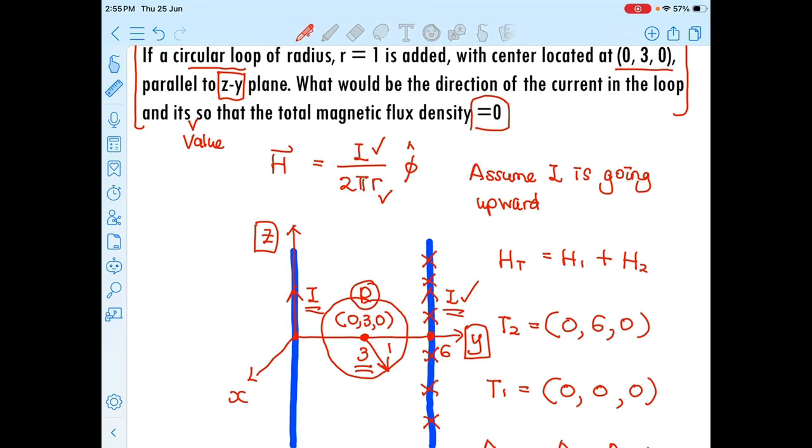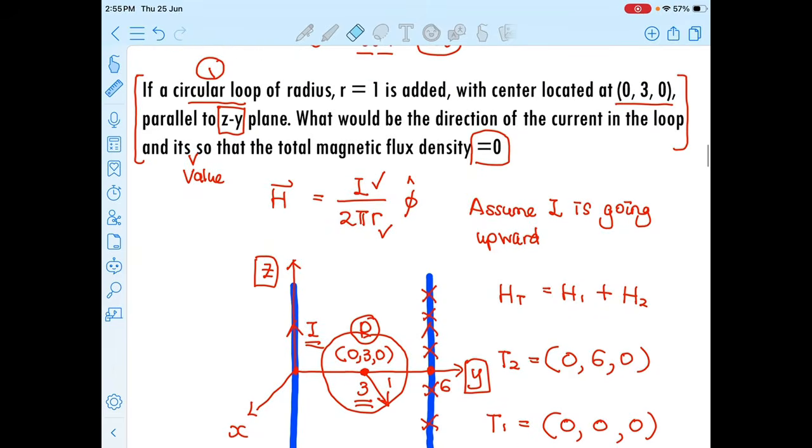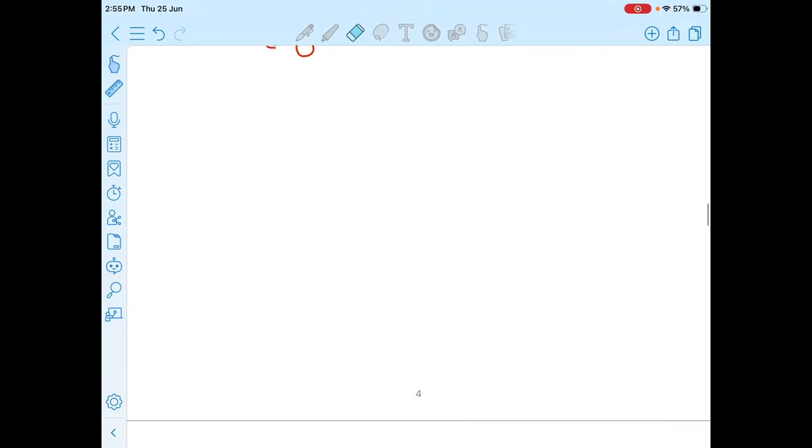So here I want to modify the question a bit by changing the direction of my current. I want to draw a new diagram to show the modifications so that you are not confused.